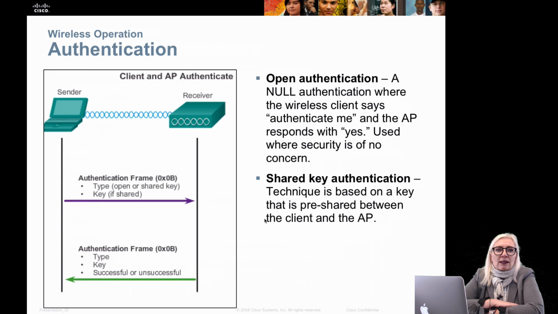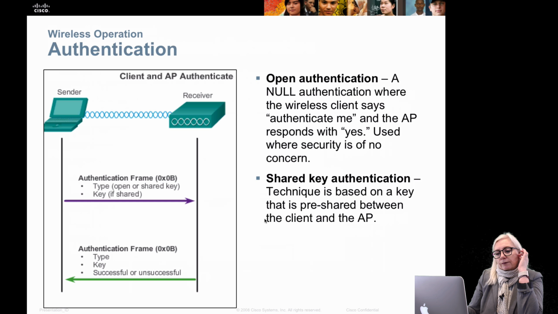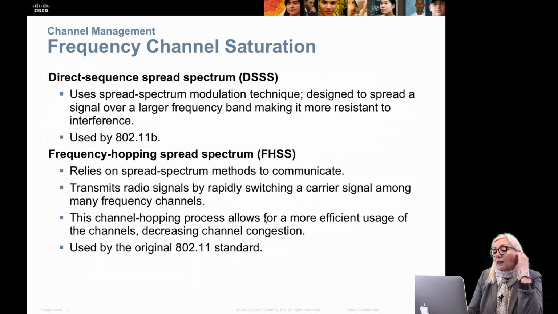If it's a shared key authentication, then we will look at the key and see that everything is okay. It's either successful or unsuccessful, of course, depending on the key. And then we do the association after that.